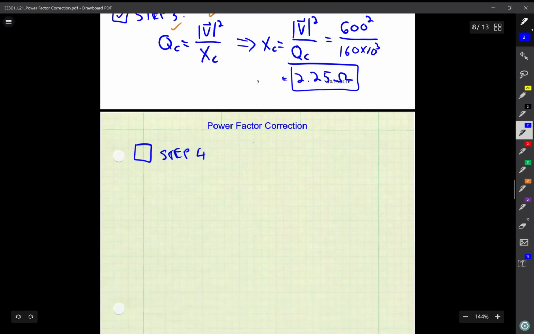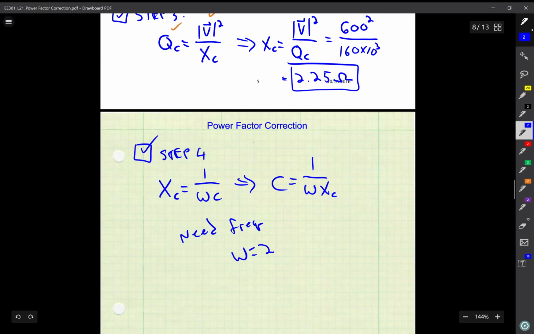So X sub C is equal to 1 over omega C, and if I want to find the capacitance, I would say that is equal to 1 over omega X sub C. I know what X sub C is from the previous step, and I would need the frequency. Omega is equal to 2 pi f to complete. It didn't give it in this problem, so we'll call it a day.